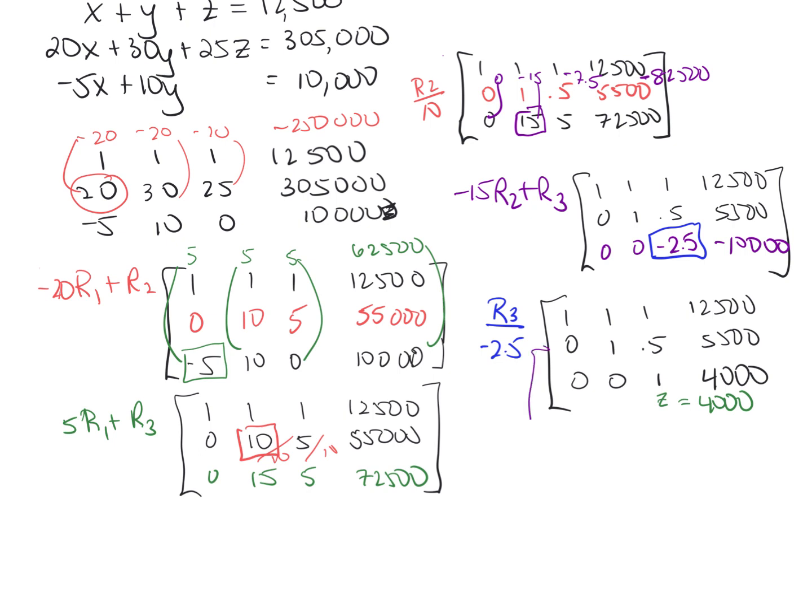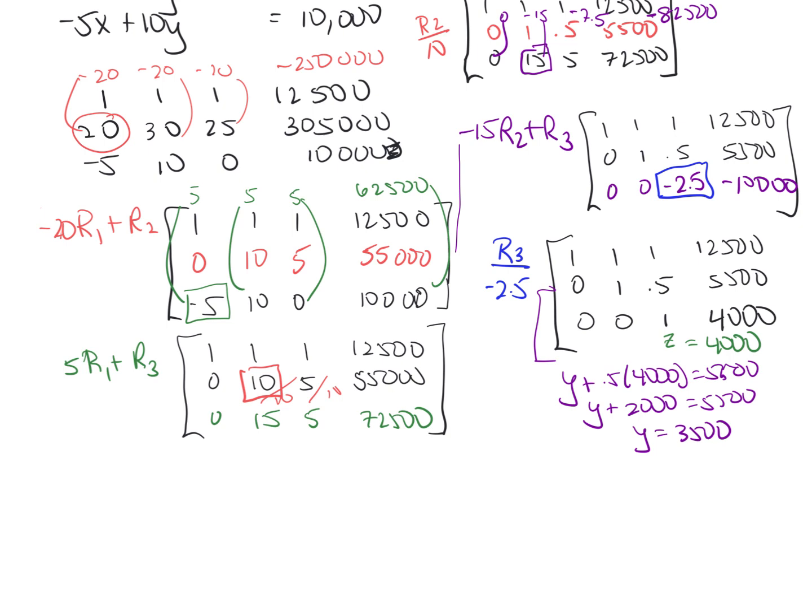Based on my second equation, Y plus half of Z is 5,500. Half of 4,000 is 2,000. So Y is 3,500. I'm out of room. I'm going to move this up a little bit. All right, last bit.